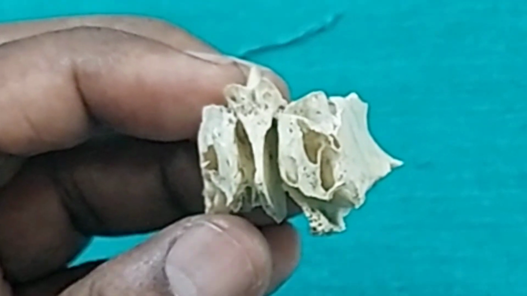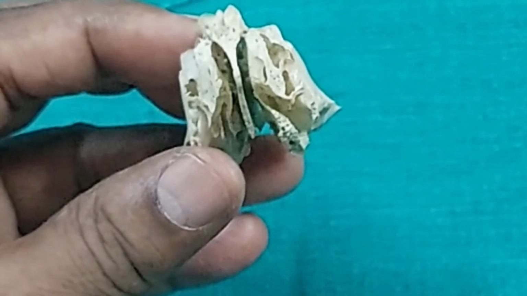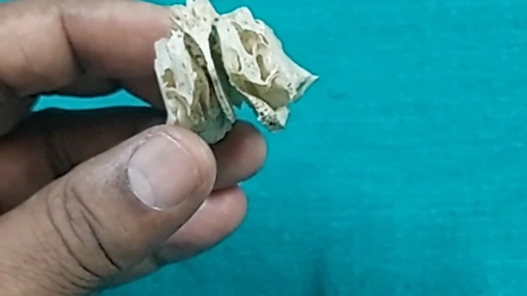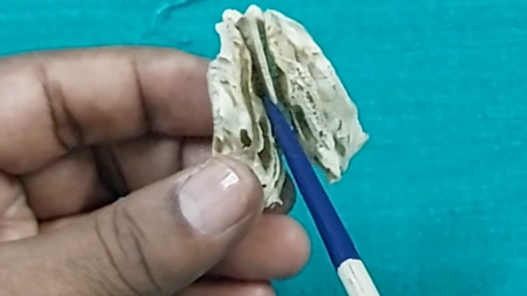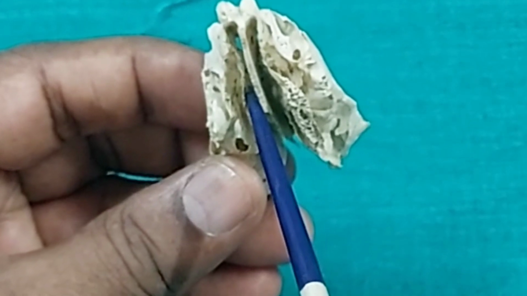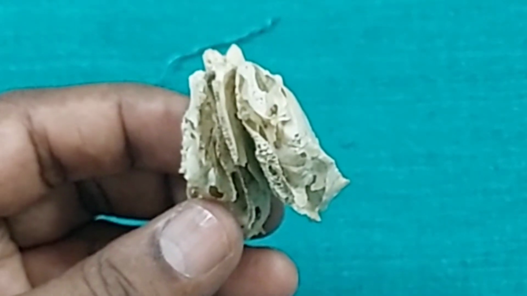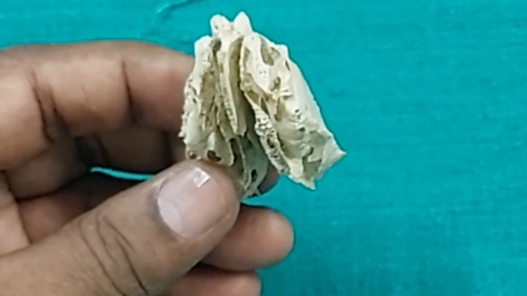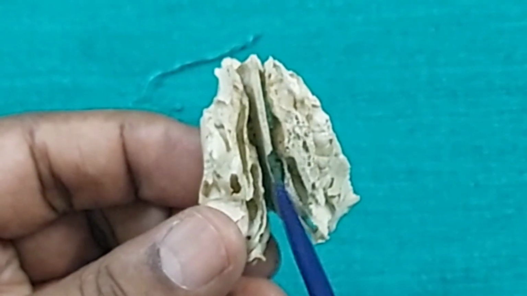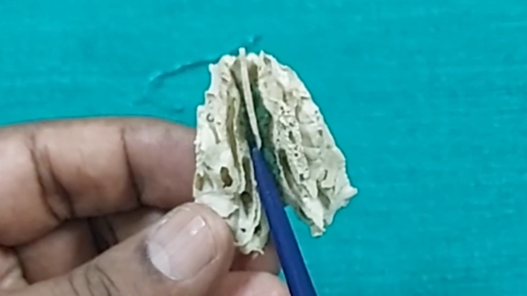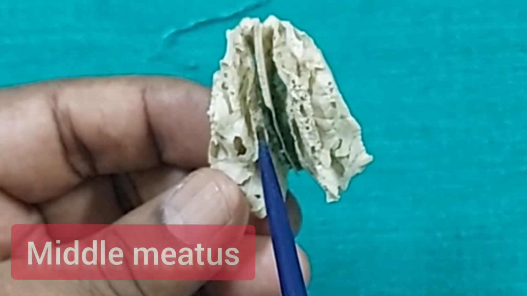Here the sphenoidal air sinus drains, and the fissure between the superior and middle concha, this is the middle concha here, is called the superior meatus. In the superior meatus, the posterior ethmoidal air sinus opens, and the space lateral to the middle concha is called the middle meatus.